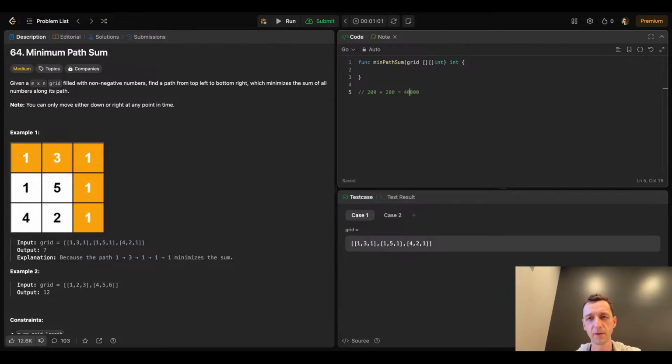That's 40,000, right? Yeah, four zeros. And can we check out all the paths? Just go over all of the paths one by one.